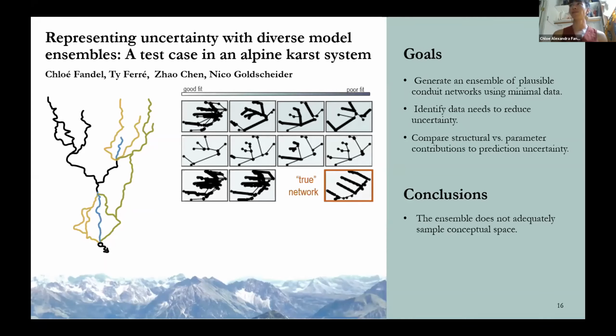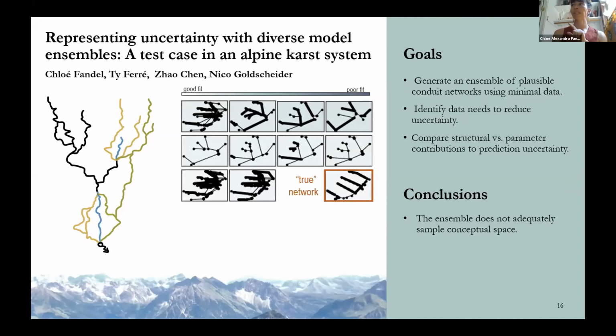The first of which is that if you look at the background color on all of these, that's indicating the fit from the predicted spring discharge to the observed spring discharge. Poor fit is dark, good fit is light. And what I think is really interesting is that all of these networks, we randomly assigned multiple different parameter sets to each network and then picked the best performing parameter sets.